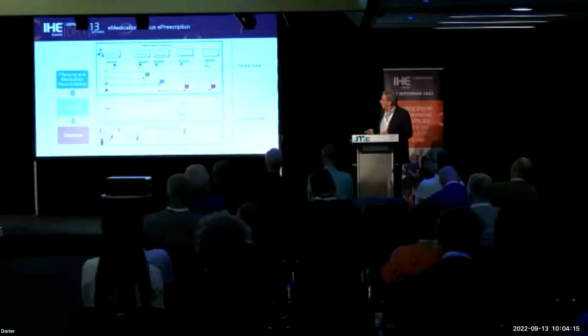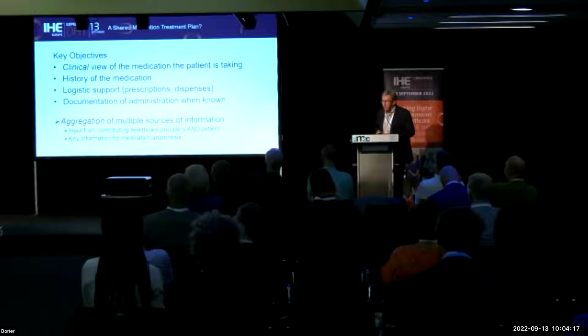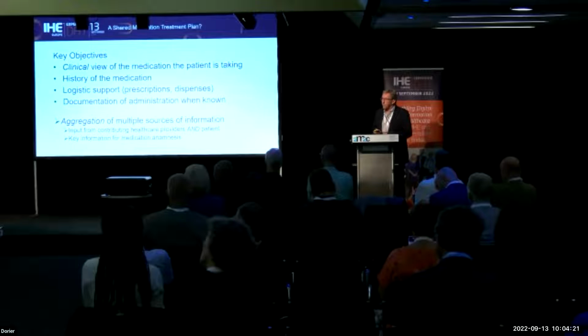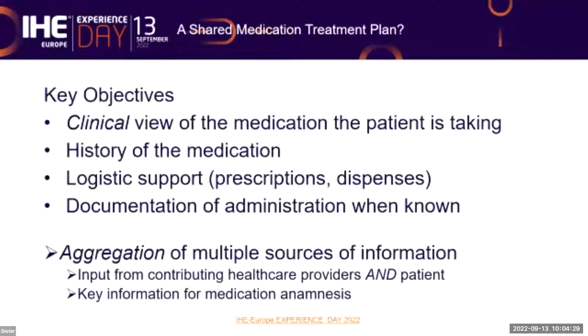So the project we started, we already had a prototype more or less 10 years ago on an old platform. The key objective is first the clinical view of the medication. It's really the important thing to have the history of what the patient took, to have the status, the treatment card that the patient can print and put on the fridge, what he has to take when.